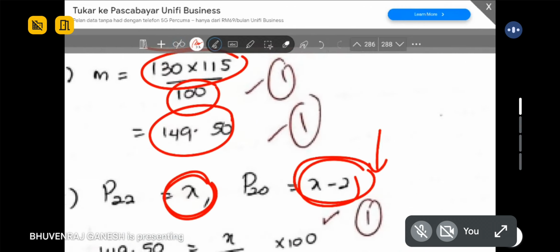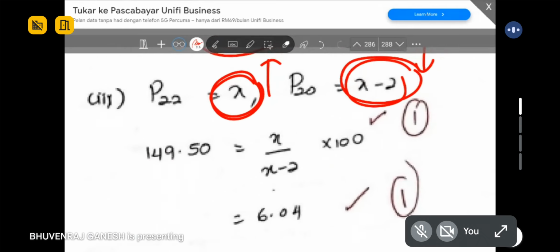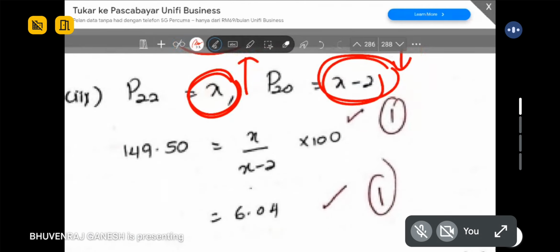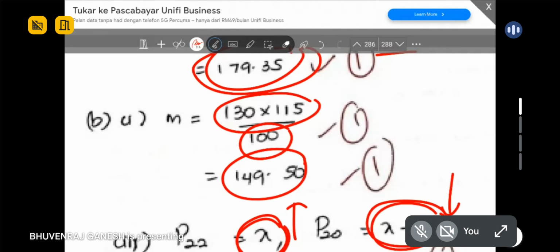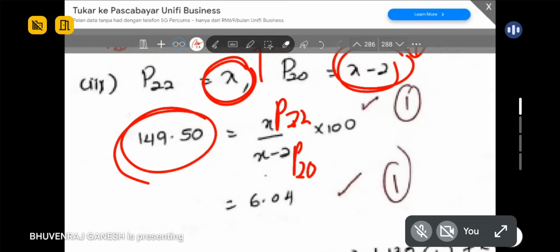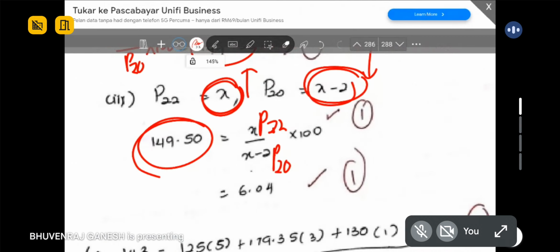Means this one is lower, this one is higher. Jelas? So then just use the formula lah guys. Guna rumus index harga, price index. So P2022 over P20 times 100 equals jawapan tadi. This is also your P2022 over P20 times 100. Same value. M value lah. Jelas guys soalan ni? Alright, for part 3, no problem.